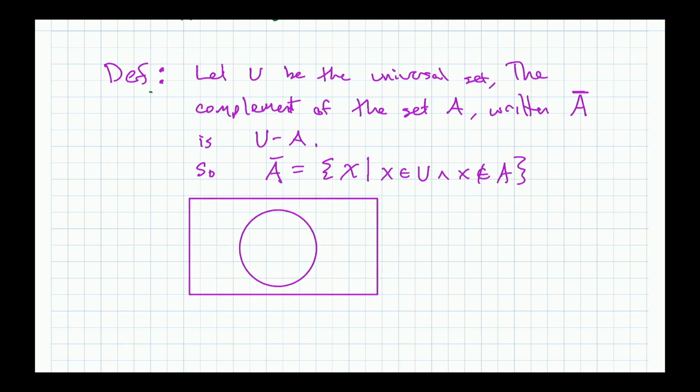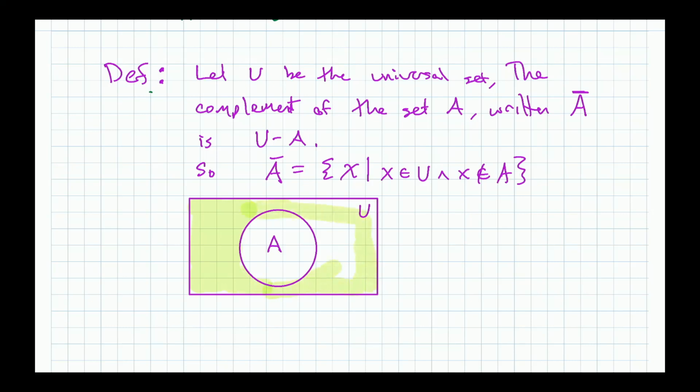Okay, so we've only got one set here. There's no A and B, there's just an A. But the rectangle, which we haven't had to talk about before, the rectangle is the U. And so if you want to do U minus A, what you're doing is you're taking everything outside of A. And that is what the set complement of A is, everything outside of A. That's how you should think of it.